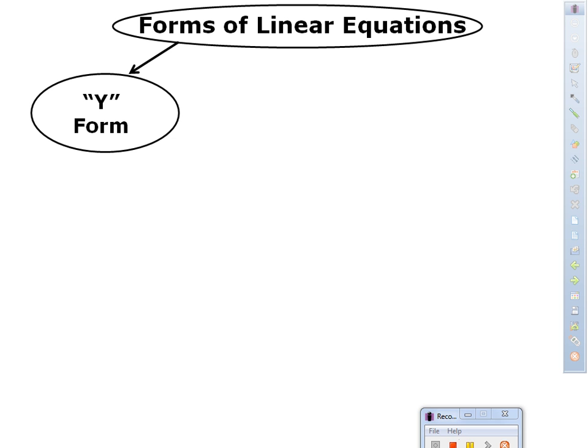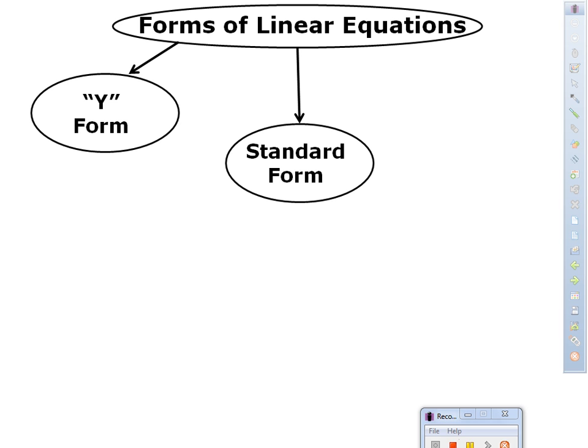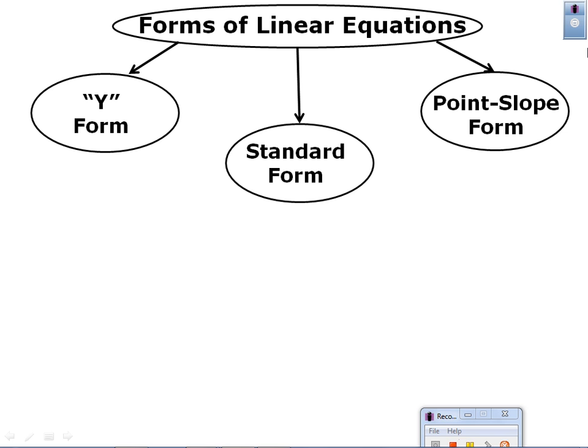In the center, standard form. And on the right, point slope form. Once again, forms of linear equations: Y form, standard form, and point slope form.